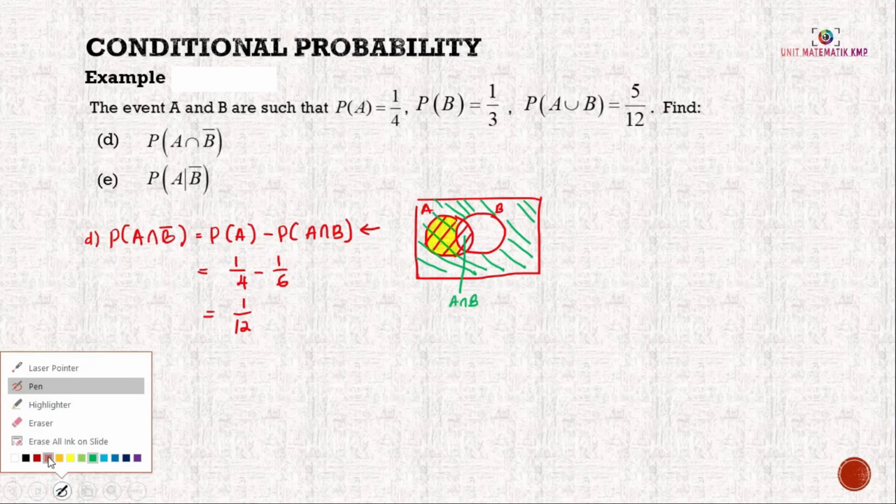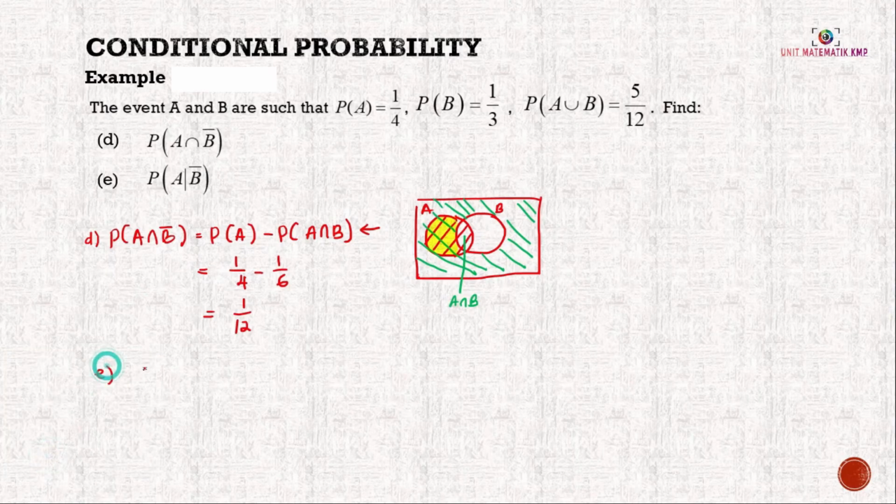Okay, for question E, we need to find the probability of A given B bar. So use the formula for conditional probability. So probability of A intersect B bar divided by probability of B bar.